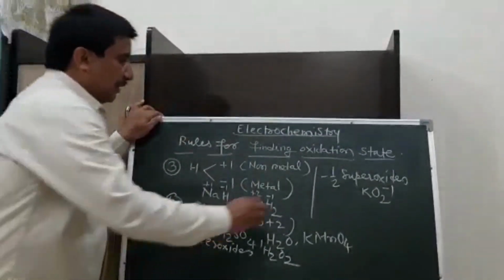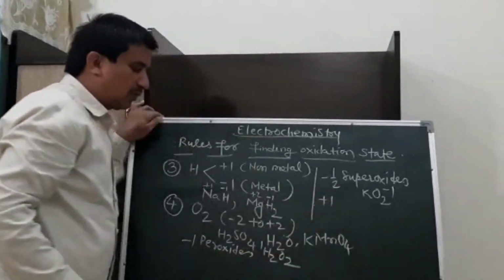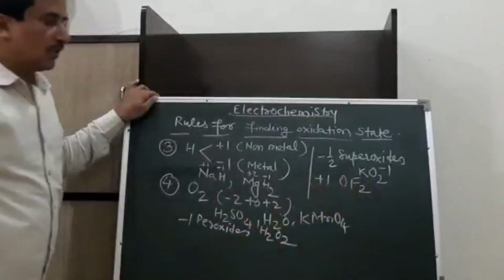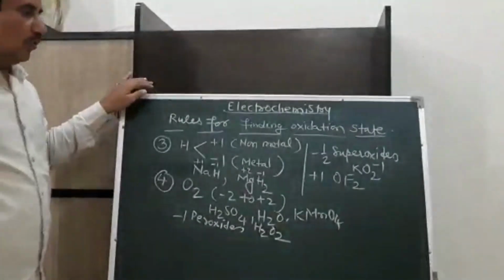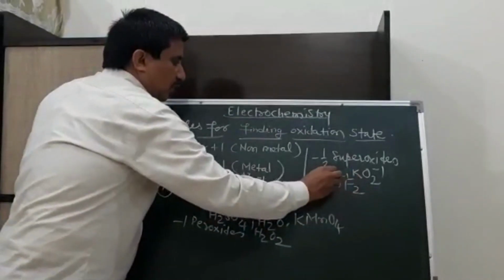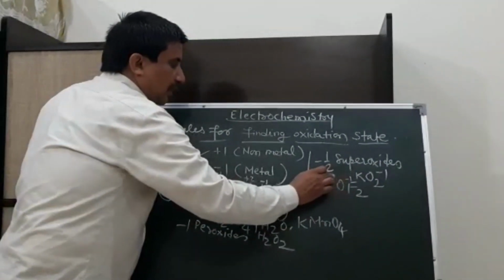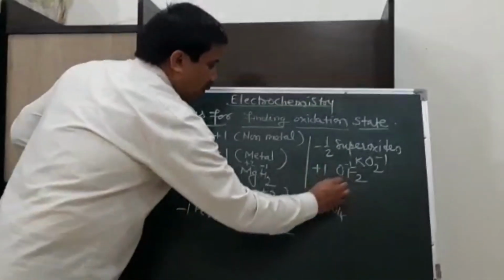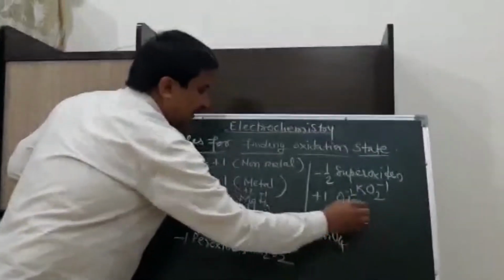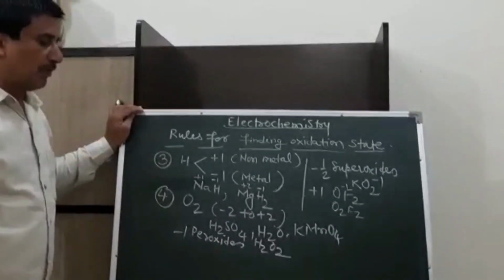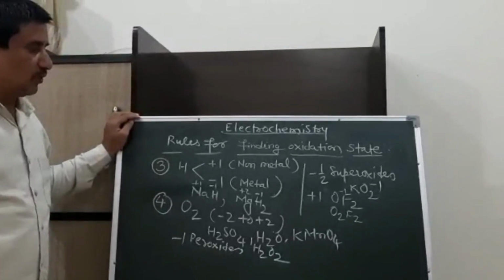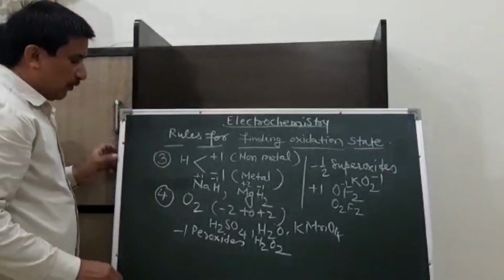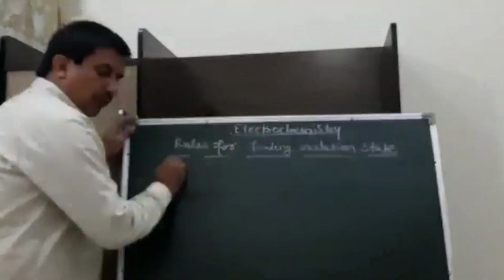Next is the +1 oxidation state of oxygen, as in O2F2. We know that fluorine is the most electronegative element, so this will show -1 and oxygen is showing +1. So these are a few compounds where oxygen shows a positive oxidation state with fluorine.